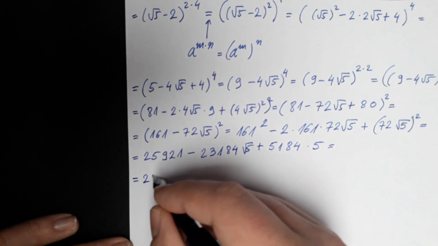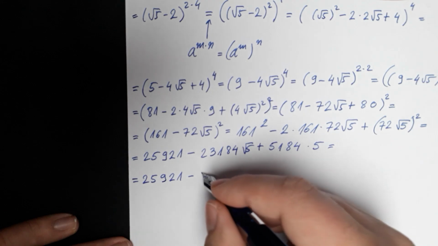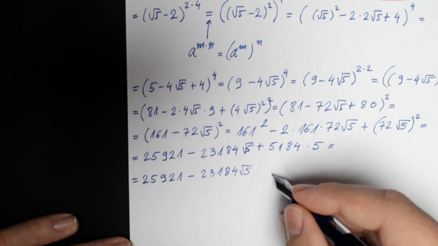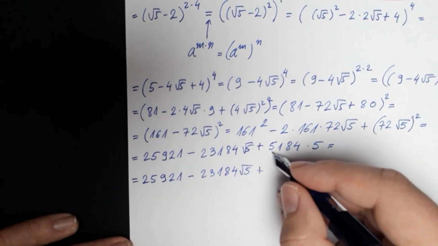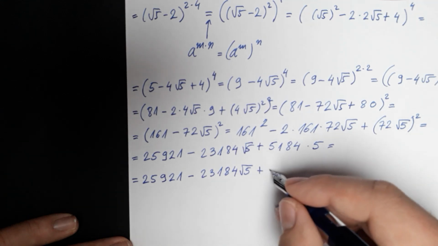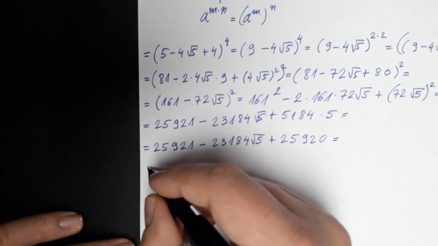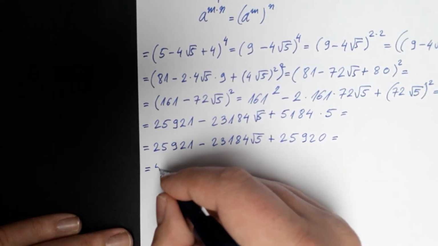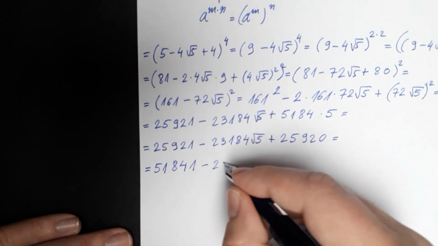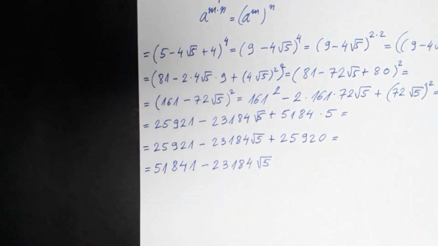So this is equal to 25,921 minus 23,184 square roots of 5 plus 5,184 multiplied by 5 is 25,920. And then the final solution is 51,841 minus 23,184 square roots of 5.